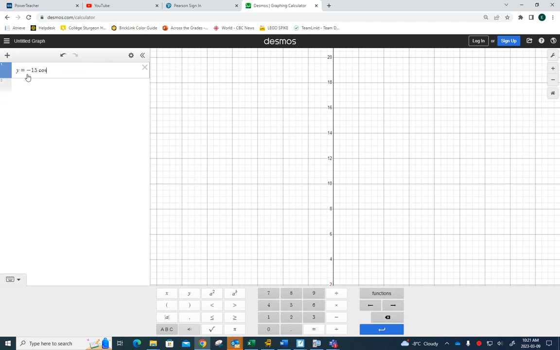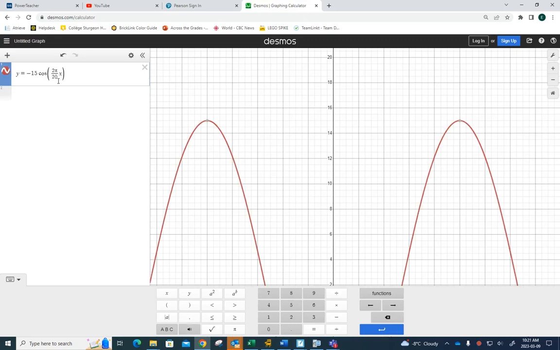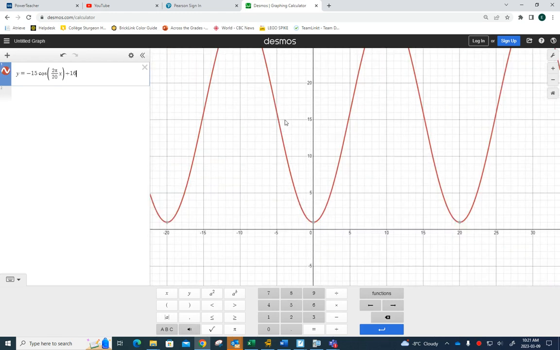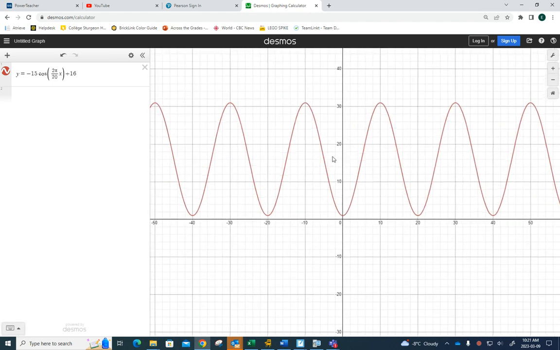Negative 15 cos, bracket, 2 pi divided by 20, bracket, x, plus 16. And we have our graph.